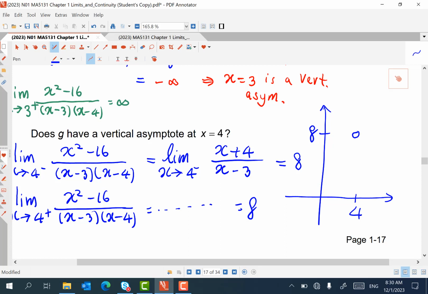Then when it's more than 4, it is something going up. When it's less than 4, I believe it is something that, okay, let's see, this positive, this negative, this negative, positive. I think it's still positive. Something like that. I think both sides positive. Let me check again. When it's less than 4, this is negative. Negative over negative is positive. Less than 4.